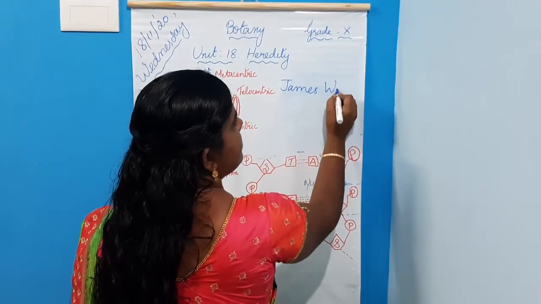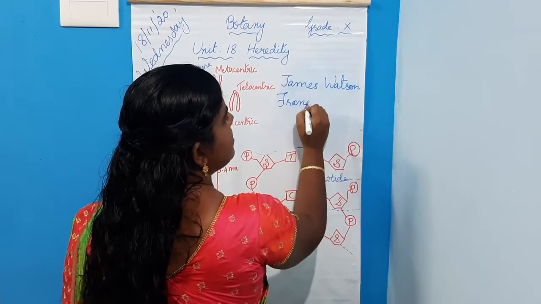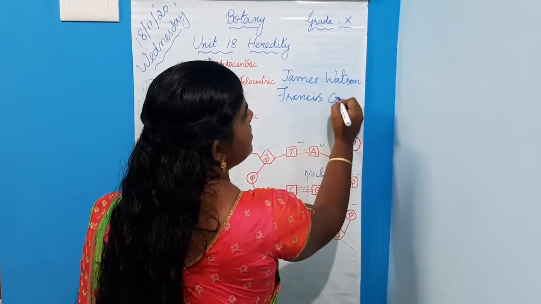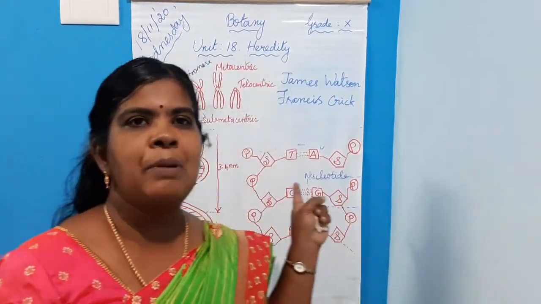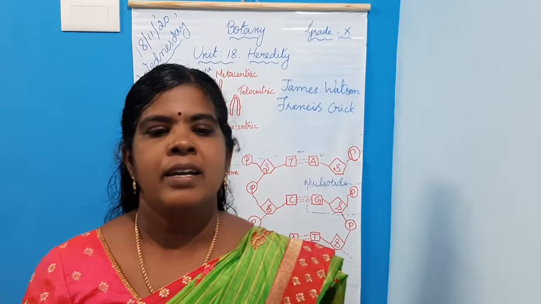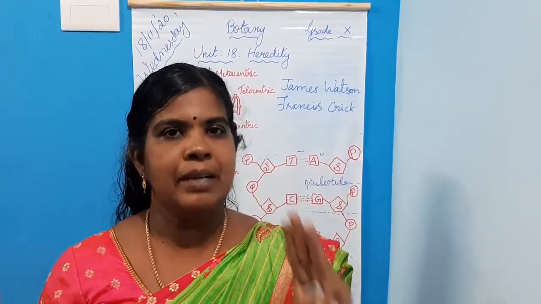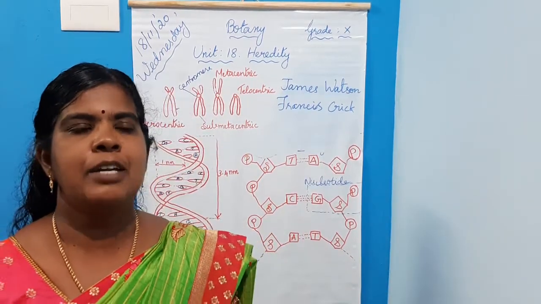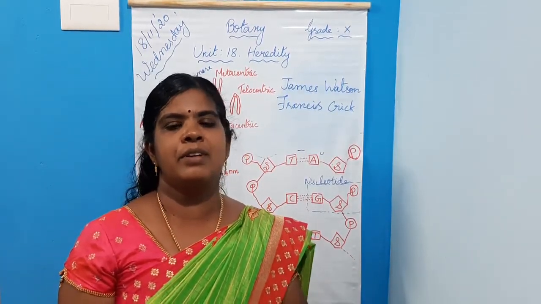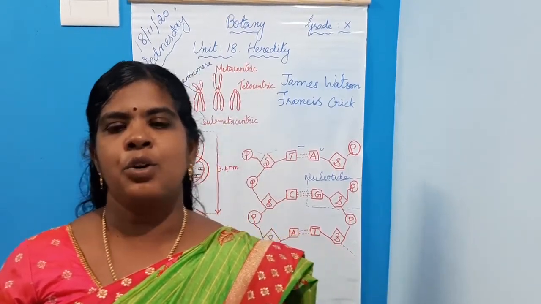They proposed the three-dimensional structure of DNA based on the X-ray diffraction studies of DNA obtained by Rosalind Franklin and Maurice Wilkins. For their discoveries, they were awarded the Nobel Prize.